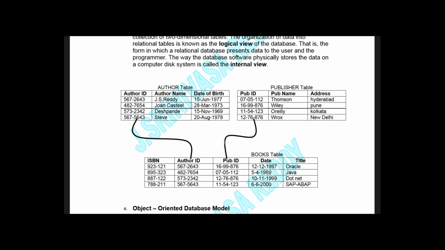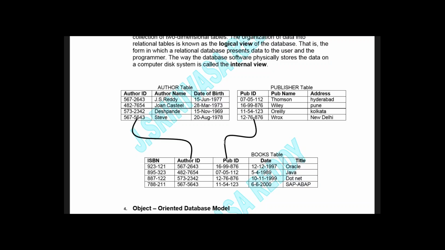Author ID, author name, date of birth of the author, right? This table contains author information. There are multiple authors or not?